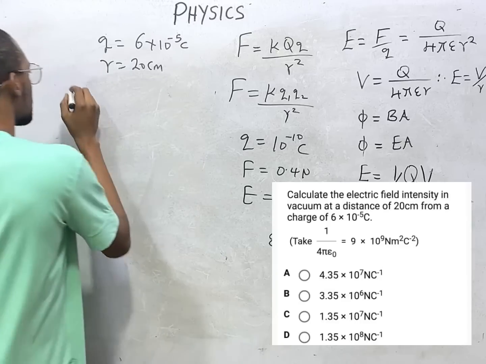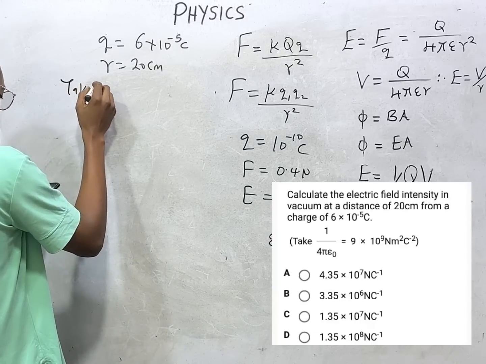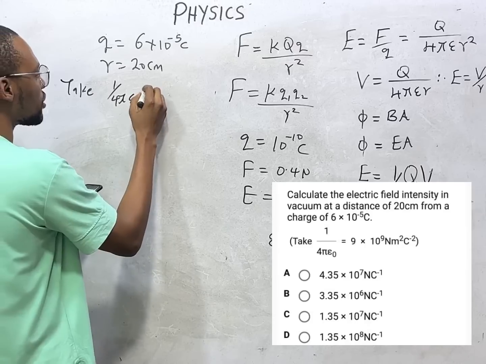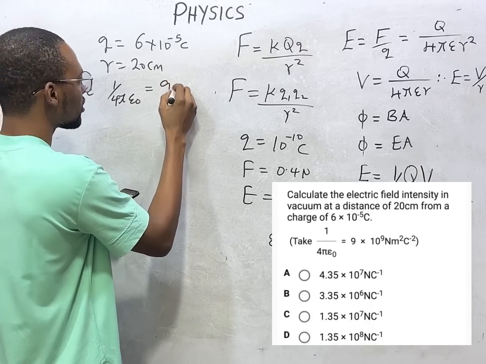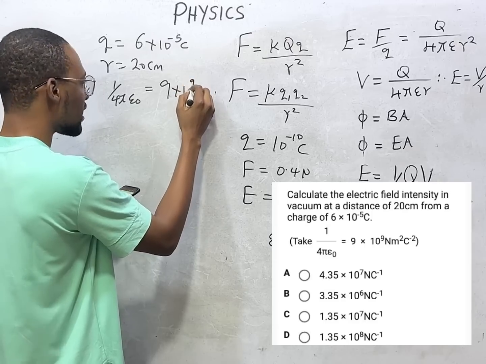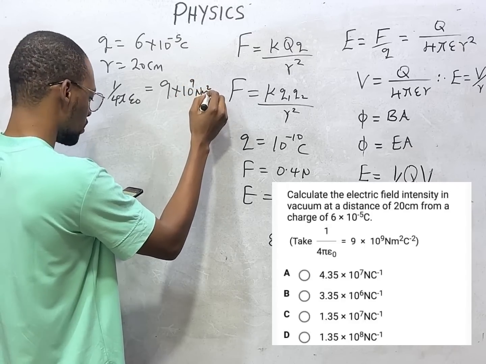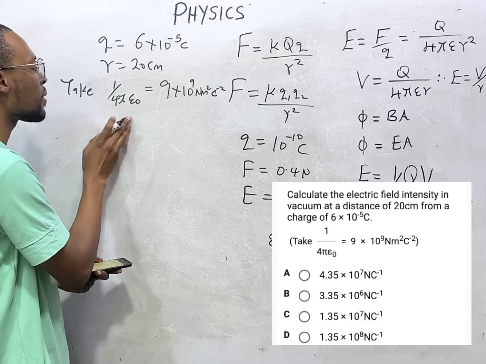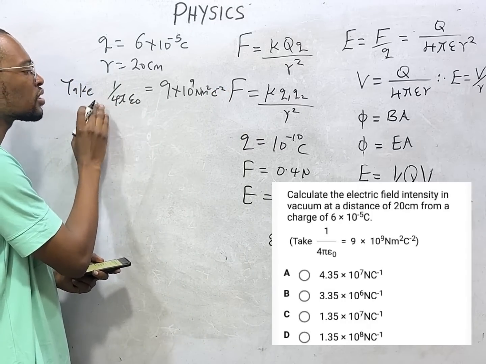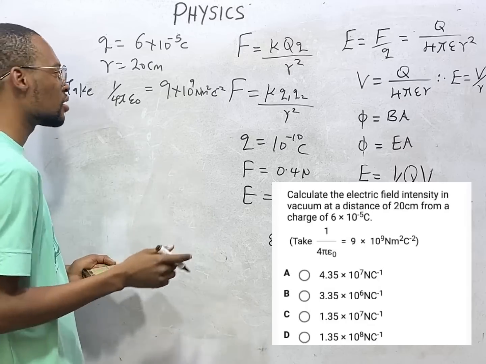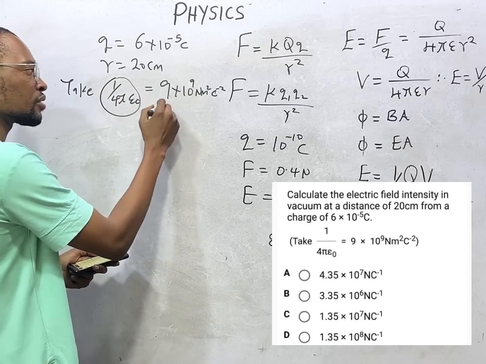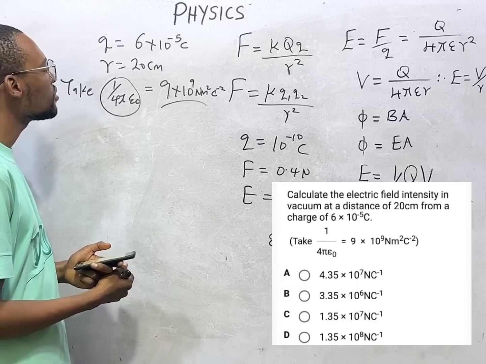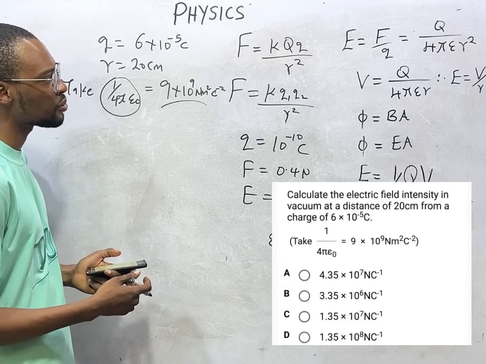They said take 1 over 4 pi epsilon naught to be 9 times 10 to the power of 9 Newton meter squared per coulomb squared. So they are giving you 1 over 4 pi epsilon naught, which is k. They are already giving you the value of k, and they are giving you the charge and the distance of separation.